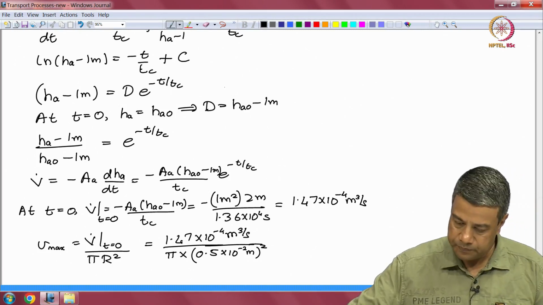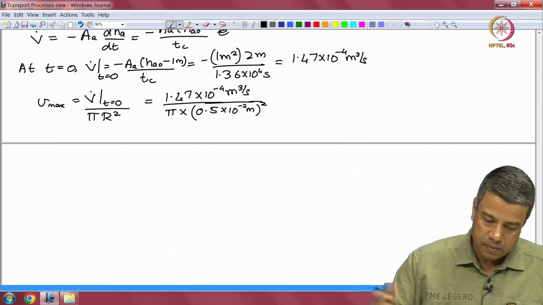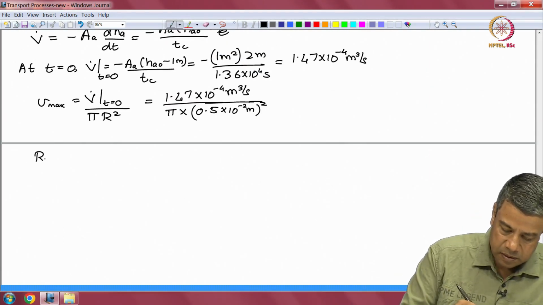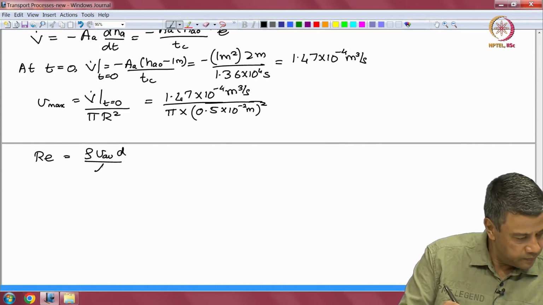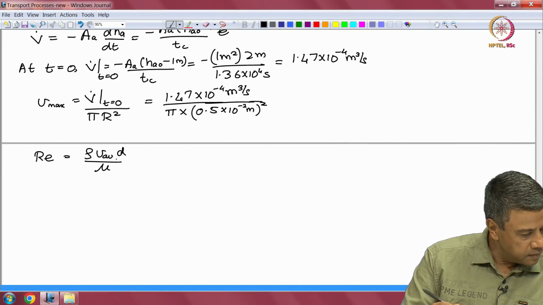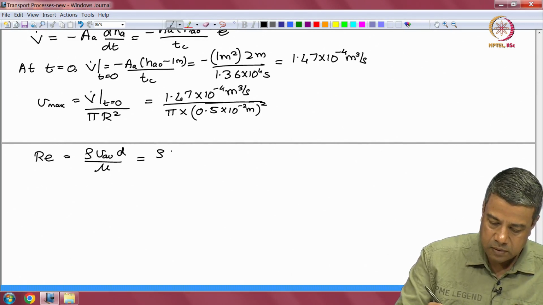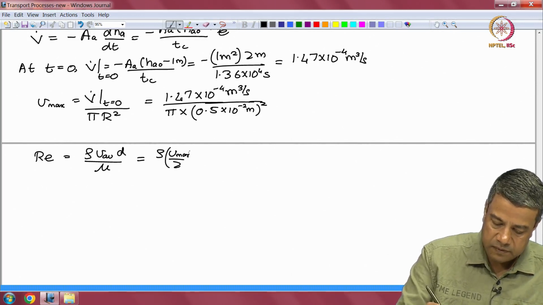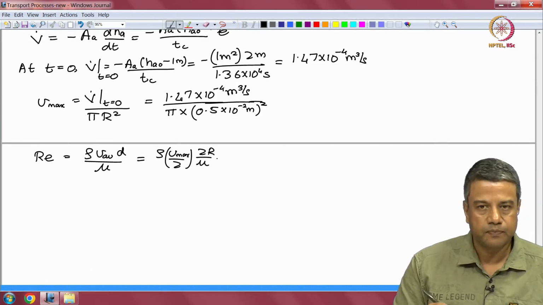And the maximum Reynolds number is equal to rho V average d by mu, which is equal to rho into V max by 2, V average is half the maximum velocity, into 2r by mu.